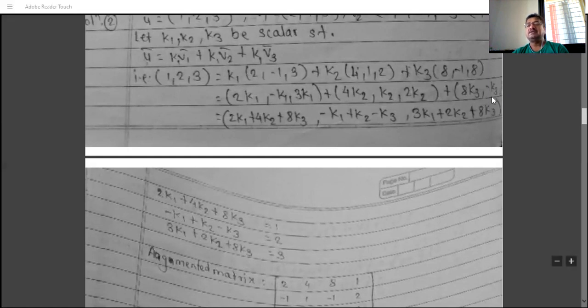Adding these three elements by using the definition of addition in R3, that is the usual addition of corresponding components: (2k1 + 4k2 + 8k3, -k1 + k2 - k3, 3k1 + 2k2 + 8k3), with the first, second and third components respectively.